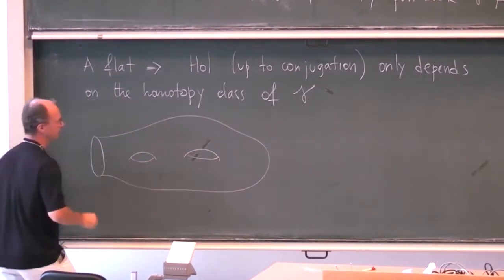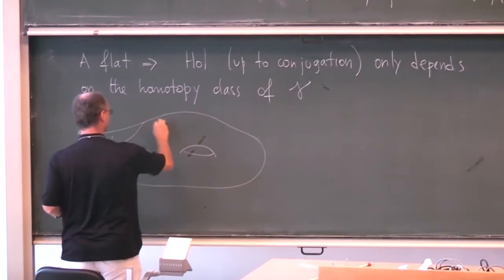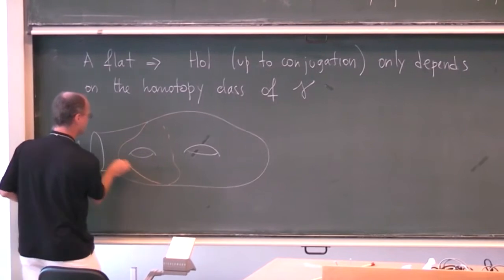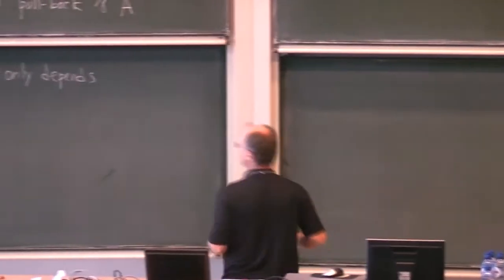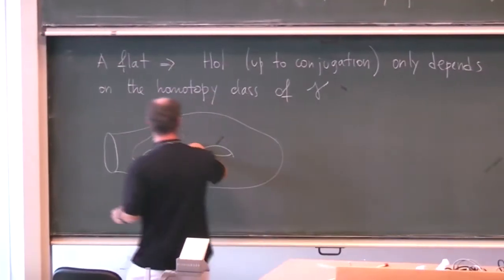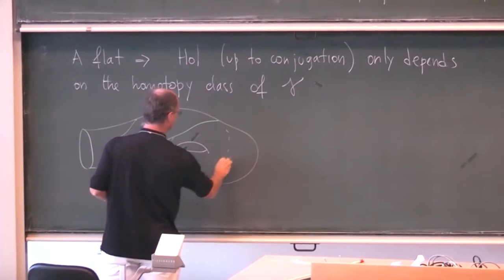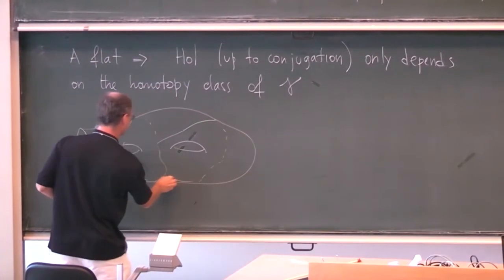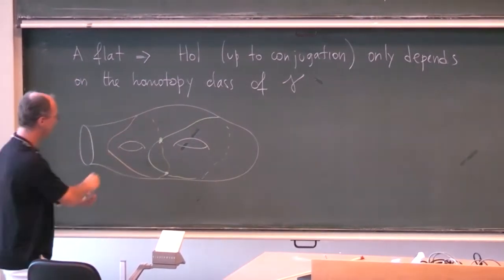So for two curves, let's say this is one curve and that's another curve. I'm a bit hesitant how it should go. So here are two intersection points.